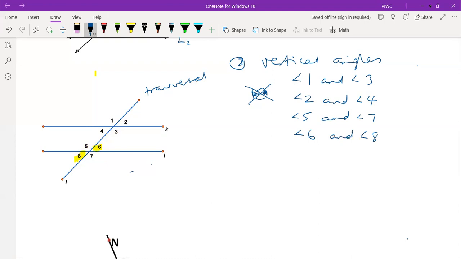Now, the pair of vertical angles are equal, or congruent. So 1 will be the same as 3, 2 same as 4, angle 5 same as angle 7, angle 6 same as angle 8, and so on.